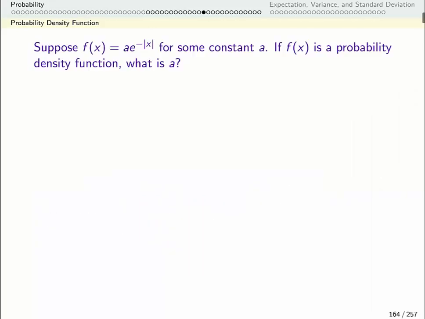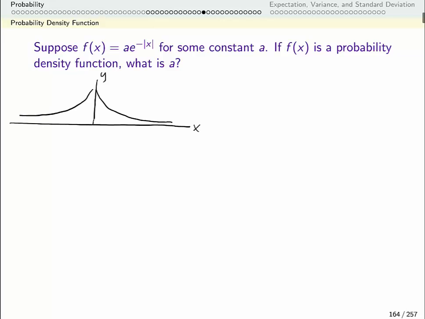Now that we have some properties of a probability density function, we can figure out which types of functions are probability density functions. So here's an example. f of x is a times e to the minus absolute value of x. Let's first sketch a little bit what this is going to look like. e to the negative x would look something like this, and that absolute value means that it's mirrored across the y-axis.